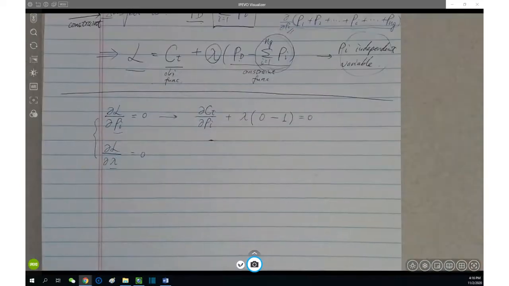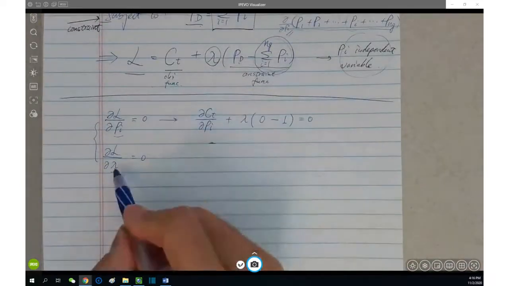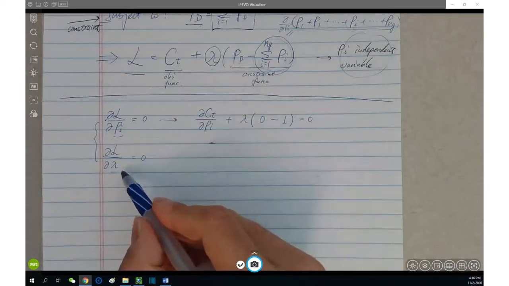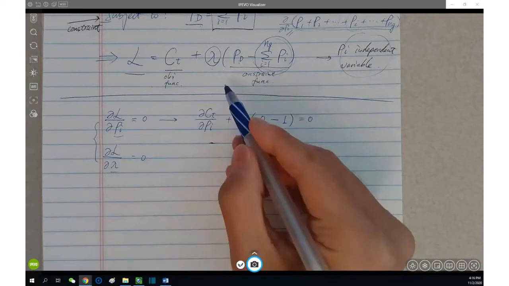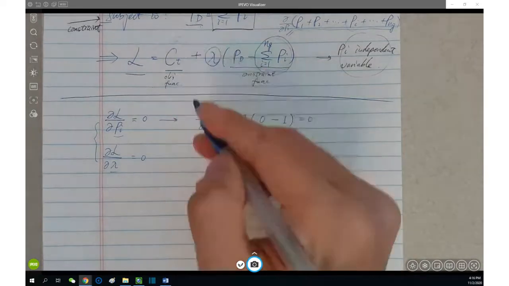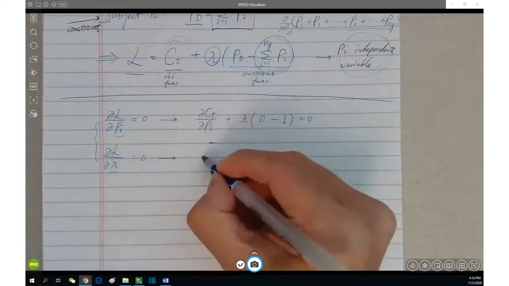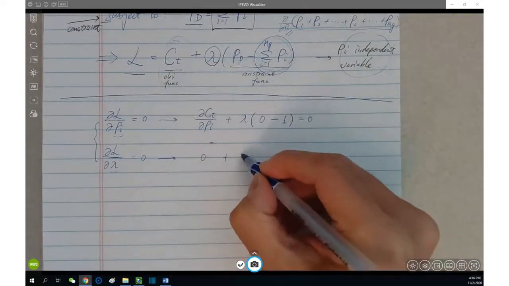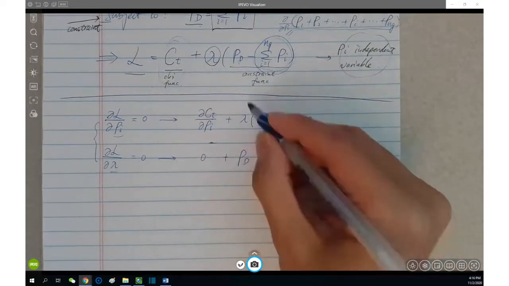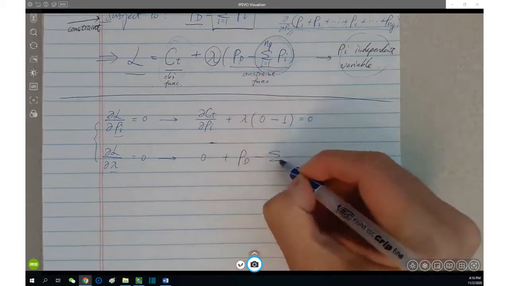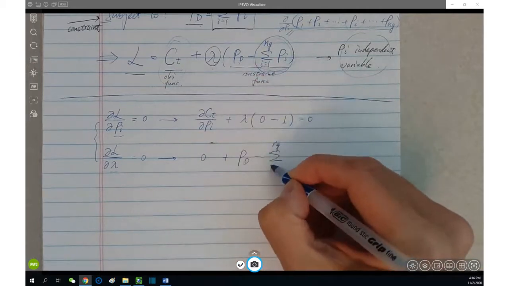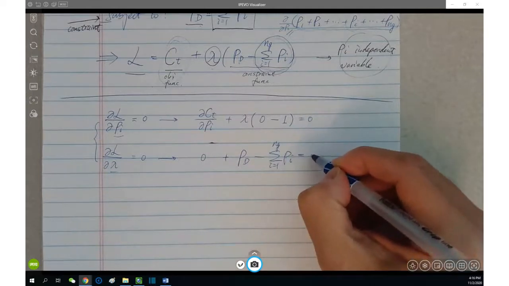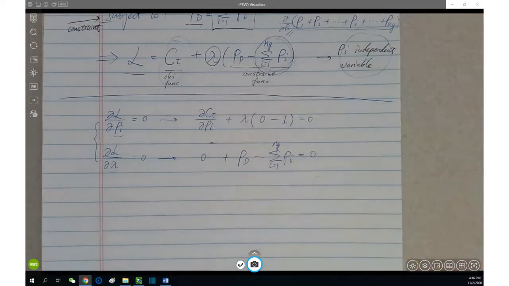All right, if so, then we can move on to the second equation here. Second equation, we're looking for the partial derivative with respect to lambda. Then this guy has nothing to do with lambda, right? This is 0. The second one, the entire parenthesis is the coefficient of the lambda. Then 0. Now these are the resulting two equations.